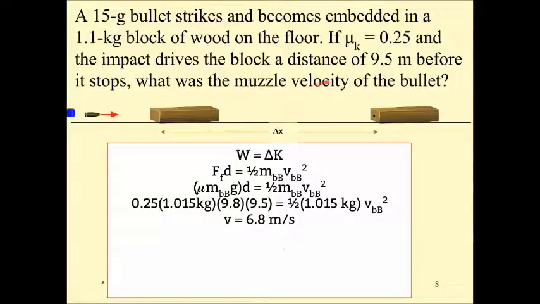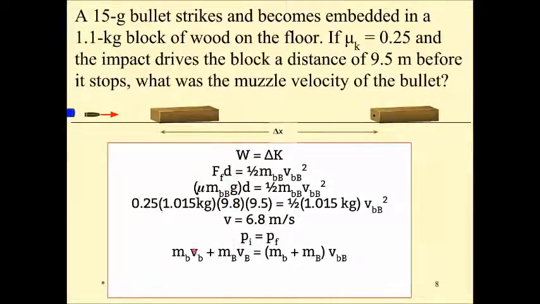Now that's not the question. That is not the velocity of the bullet, because that's the velocity of the block and the bullet as soon as it starts sliding. So what we're going to do now is look at the conservation of momentum before and after the collision of these two. Before, the momentum comes from the bullet, and the block of course is not moving.